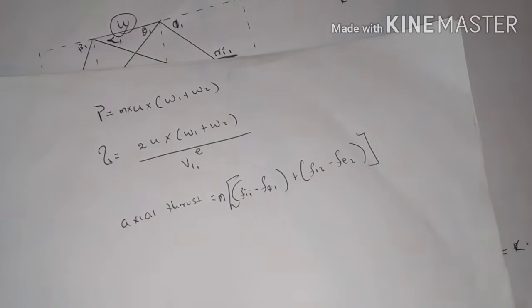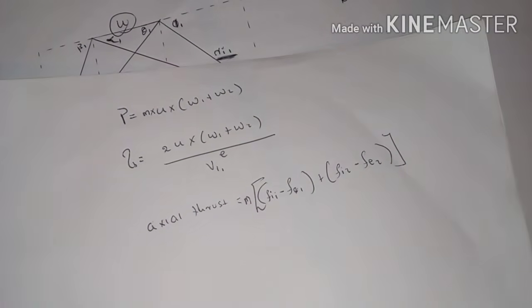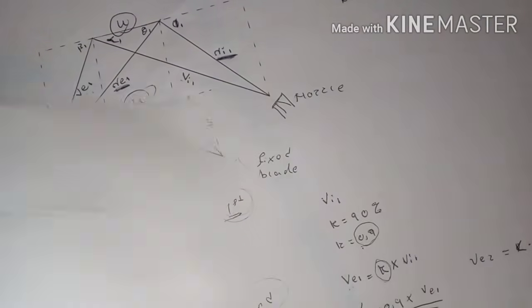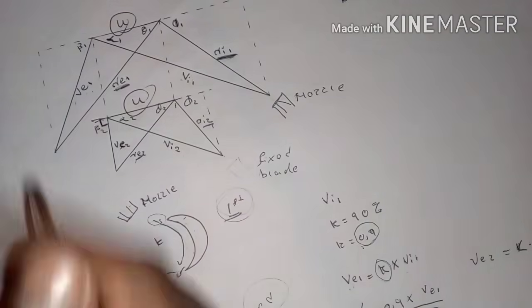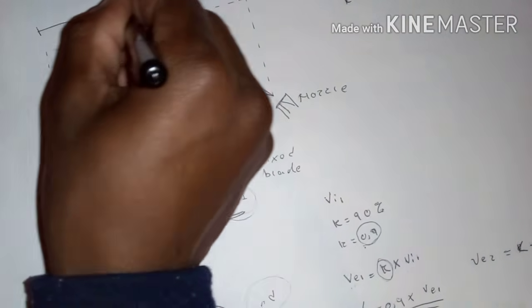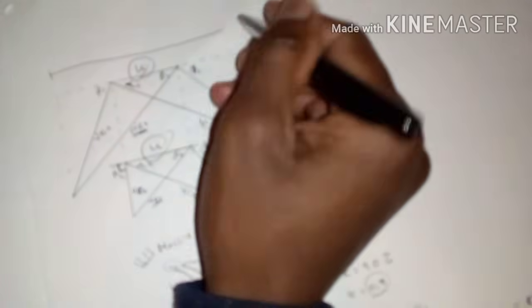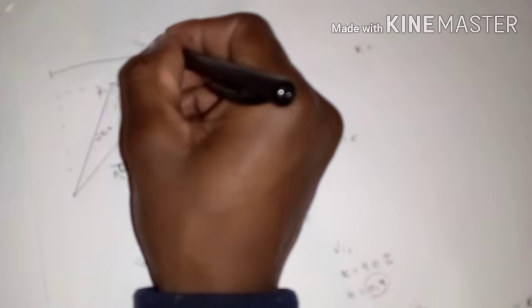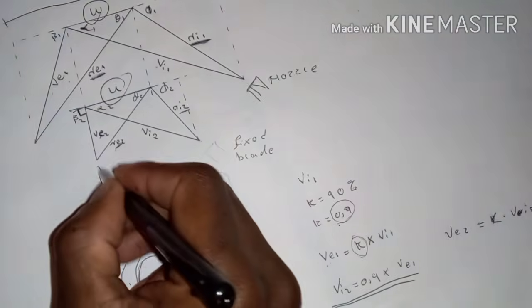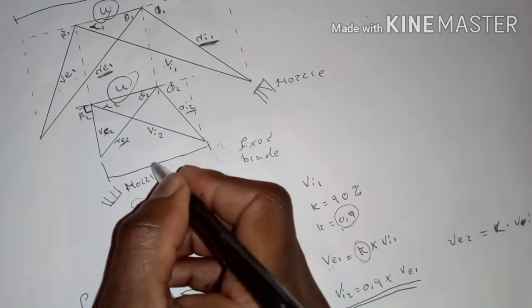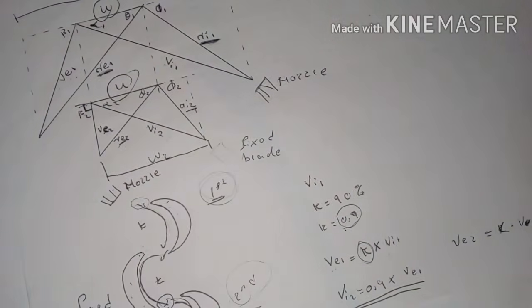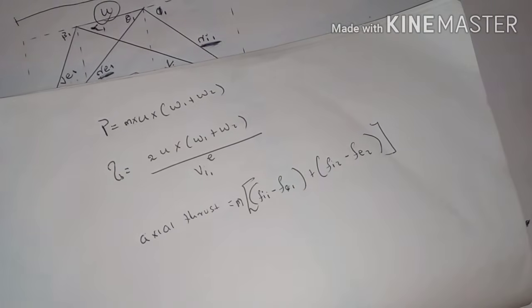And these are some of the equations that we will be using in this section. We have the formula to calculate power, which is given by mass times the blade velocity times W1 plus W2. W1 will be this one and W2 this one, so we say W1 plus W2.